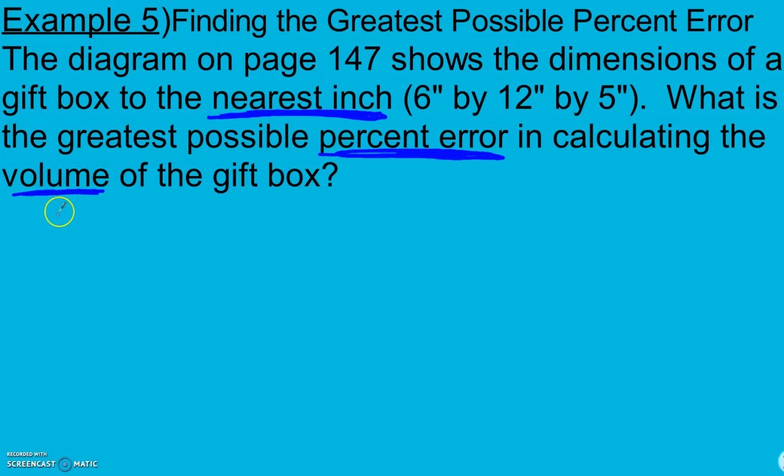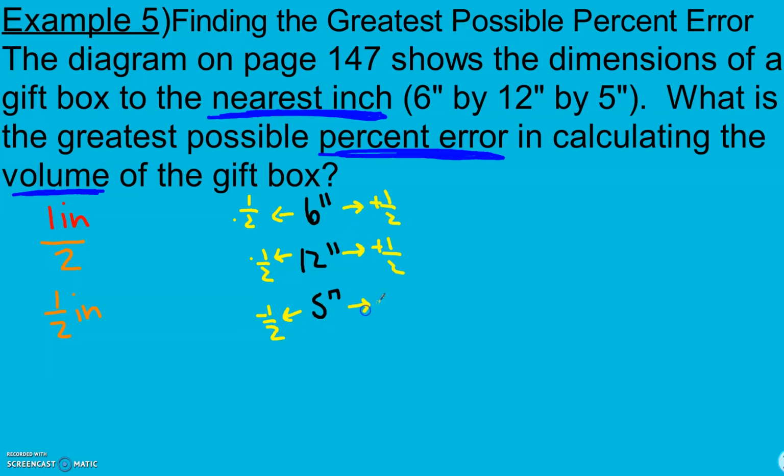So if we're measuring to the nearest 1 inch, the furthest they could be away from that is half an inch. So our dimensions are 6 inches, 12 inches, and 5 inches, our length, width, and height. Now, if we could be half an inch away, we could be half an inch below, or we could be half an inch above.